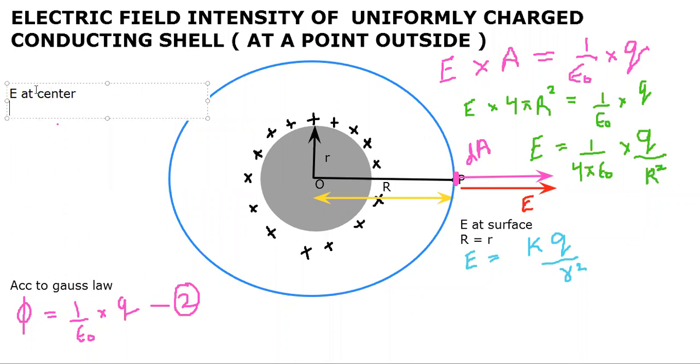So in that case you can see, if I go to center, the value of capital R becomes 0. So in the same formula, if I put the value of R as 0, the formula would become E is equal to 0. So that means at the center of this uniformly charged shell, the electric field intensity would be 0. And this brings to the end of the applications of Gauss law.